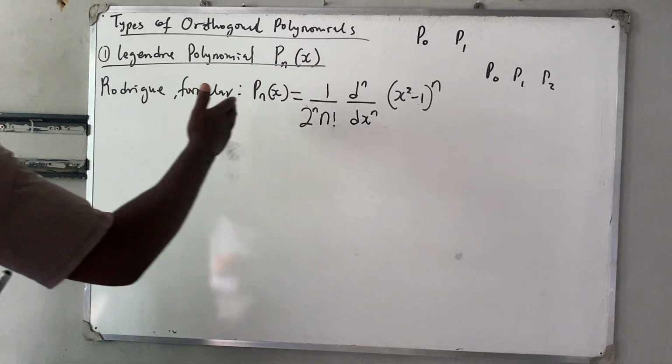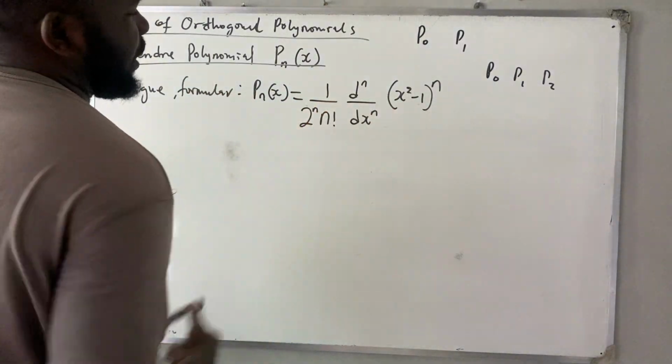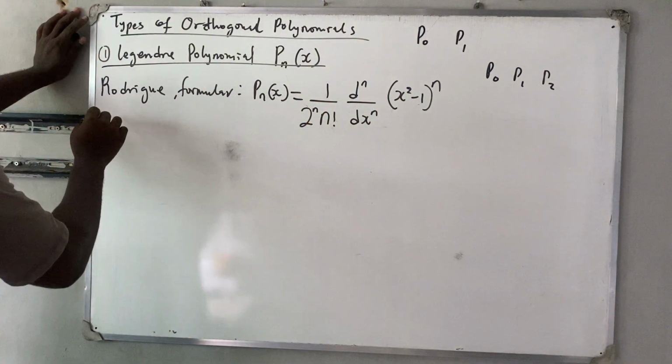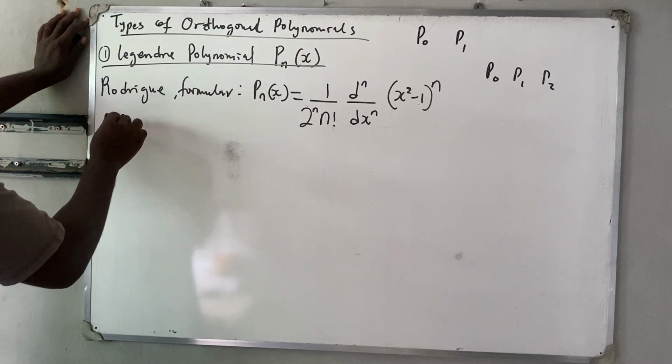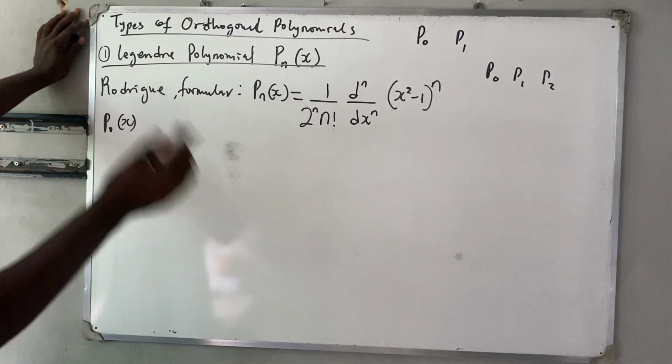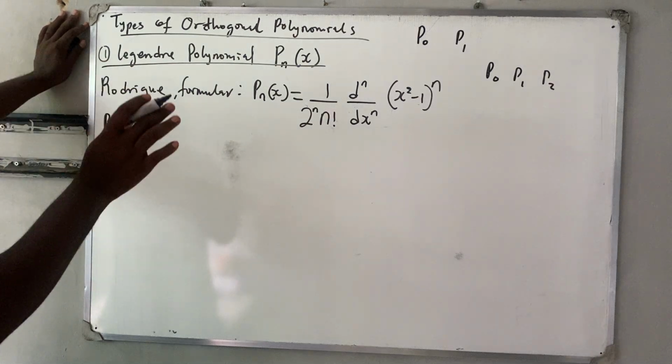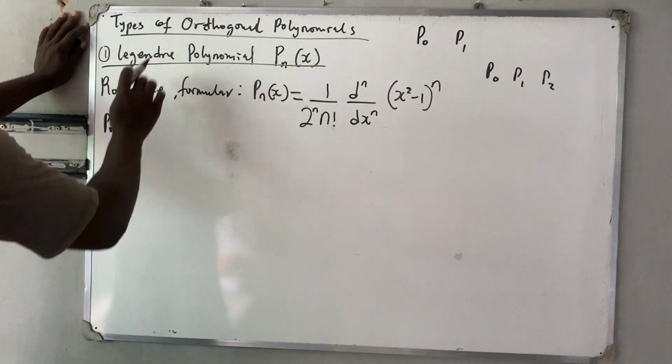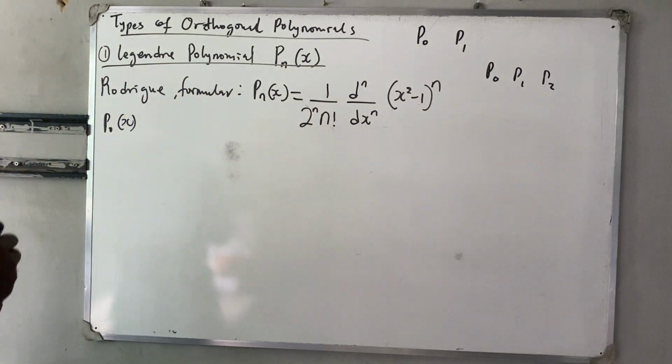So let us find a few of them and see what it will give us. Let's first of all find P0(x) for the polynomial. Once you find it, it does not change. Anytime you are talking about Legendre, P0(x) is P0(x).